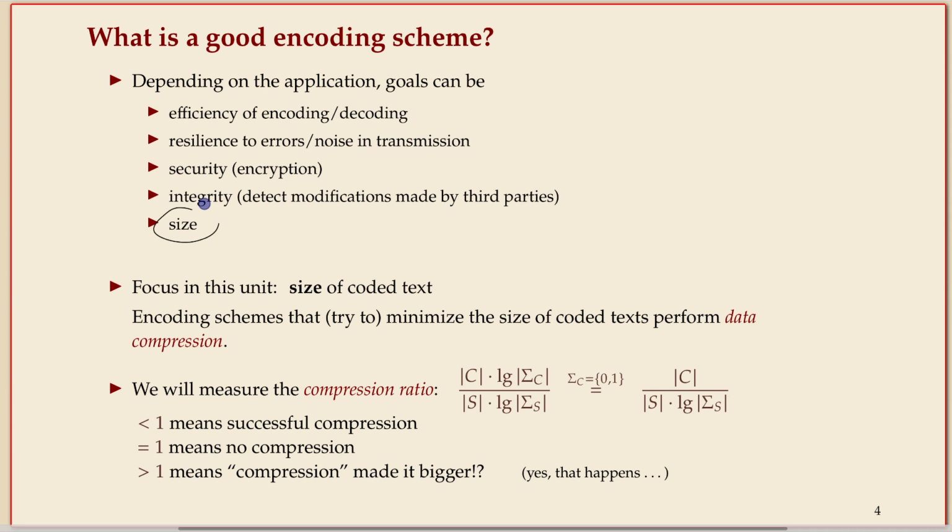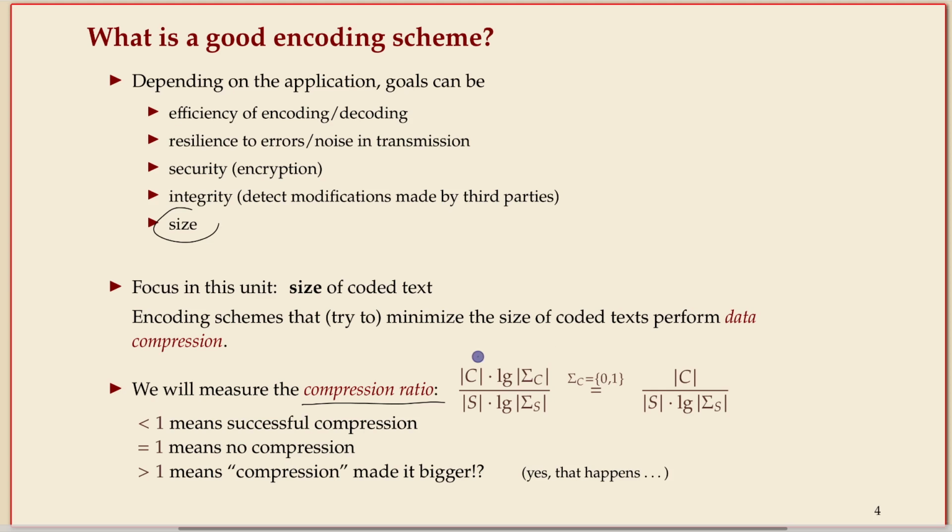To operationalize that and give us a term we can work with, we define the compression ratio, which is effectively the size of the coded text divided by the size of the source text. But we have to be a bit careful because we're working with different alphabets.